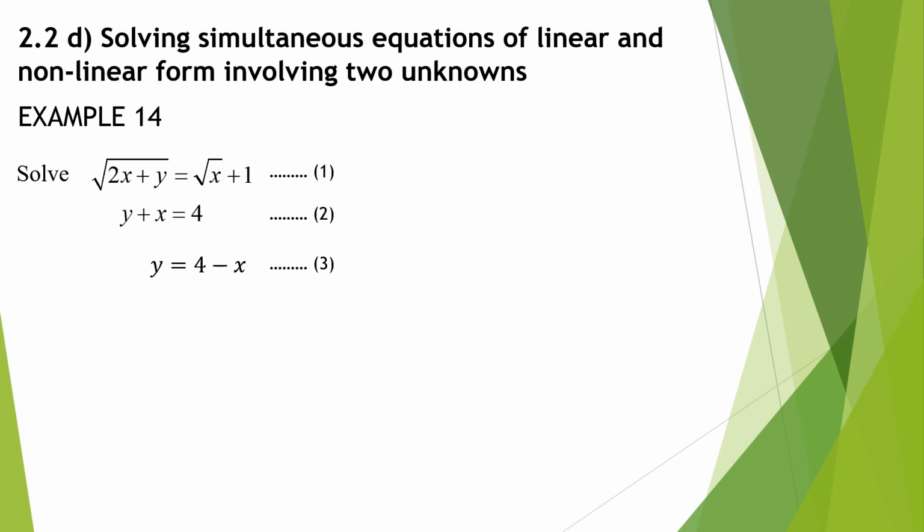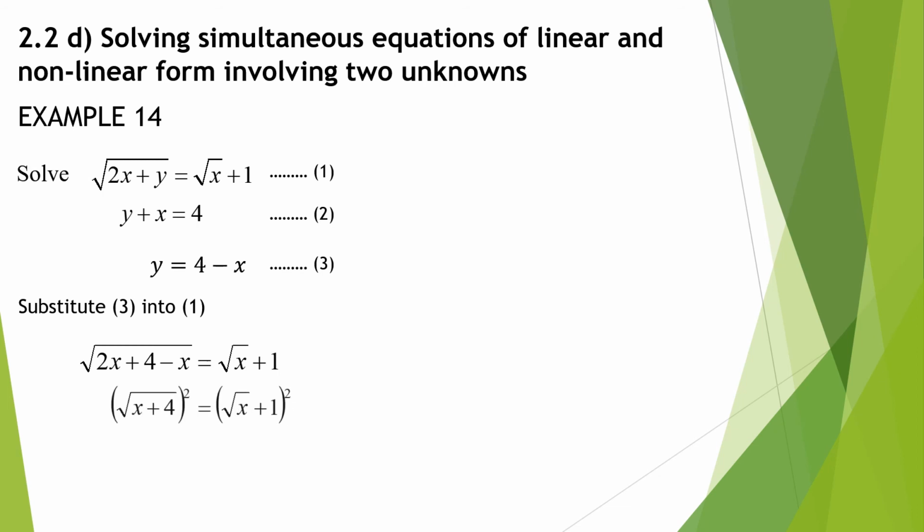And then we get the third equation by moving x to the other side. So we will have y equals to 4 minus x. We name it as equation 3. And then we solve it simultaneously by substituting the third equation into the first equation, and you will get something like this.